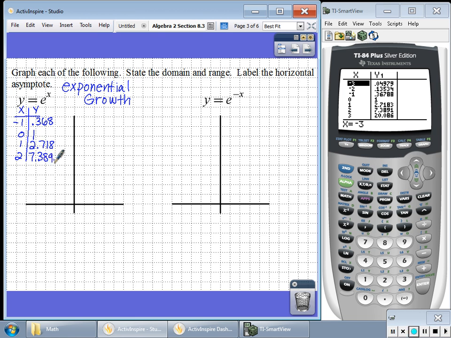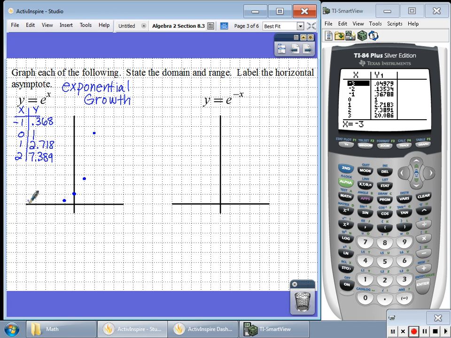Now we just want to plot these. -1, 0.368, that's kind of right there. 0, 1, right about there. 1, 2.718-ish, here's 1, 2, and so we're kind of right about there. And then 2, 7.389-ish. 1, 2, 3, 4, 5, 6, 7, and then a little less than halfway up to 8.